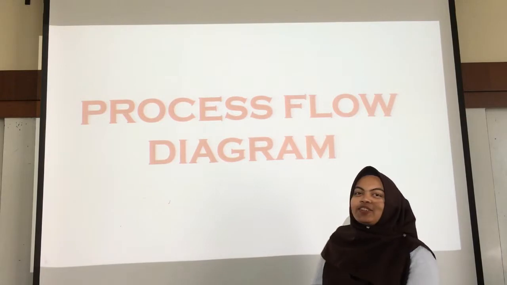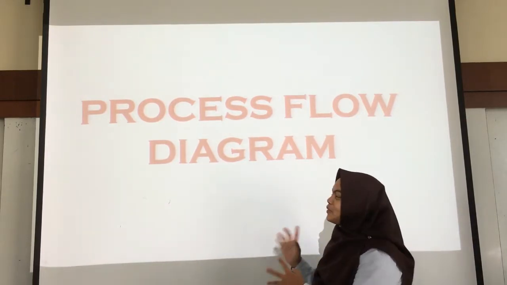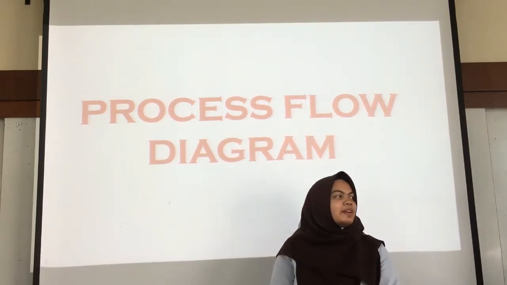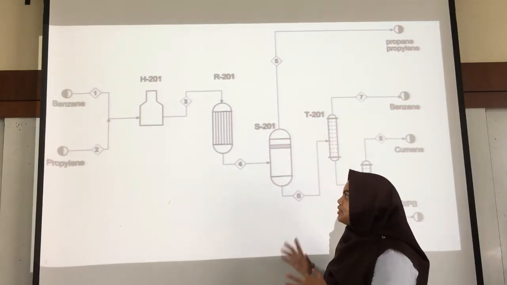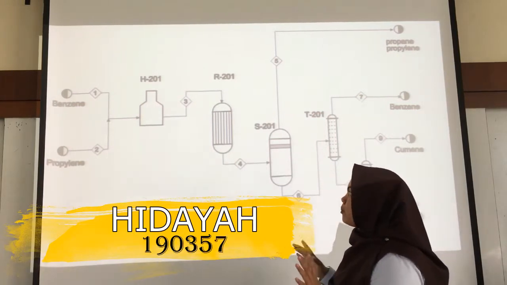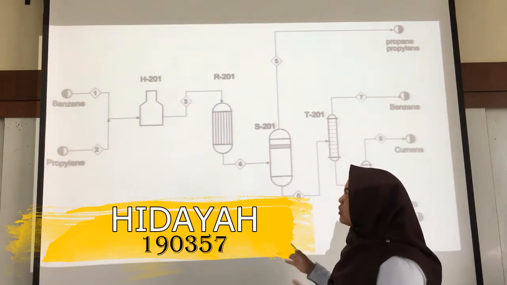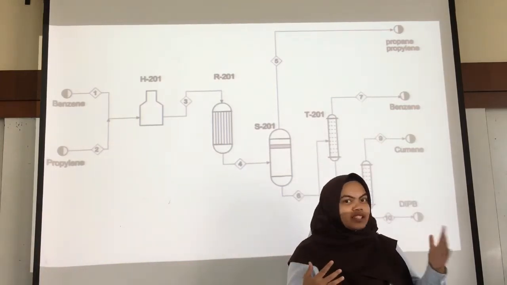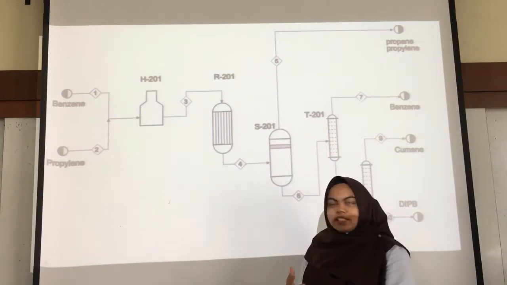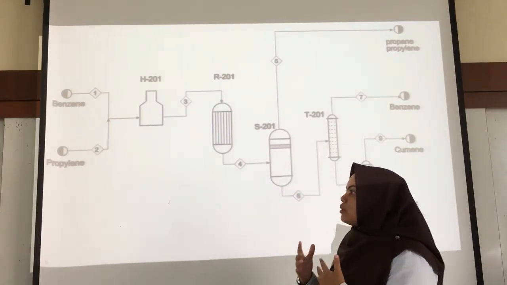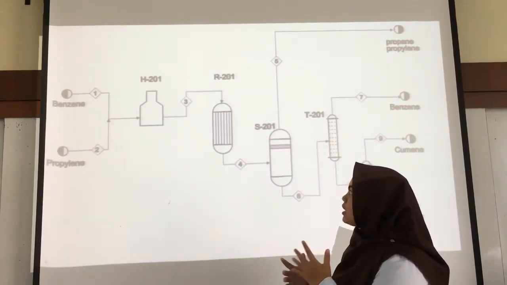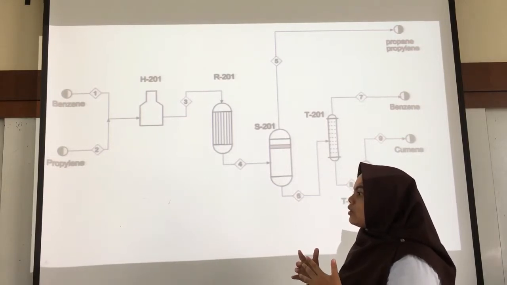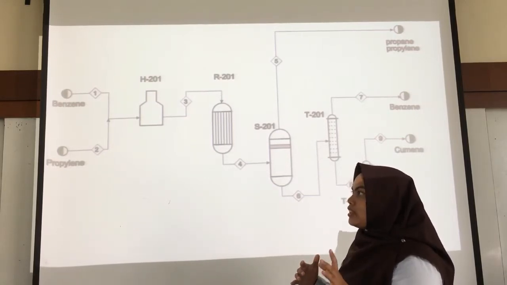Hello everyone, I will explain the process flow diagram for cumene production. This is the basic process flow diagram for cumene production. As our first moderator said just now, it is made from benzene and propylene. Cumene is the mixture of benzene and propylene that undergo a certain pressure and temperature.